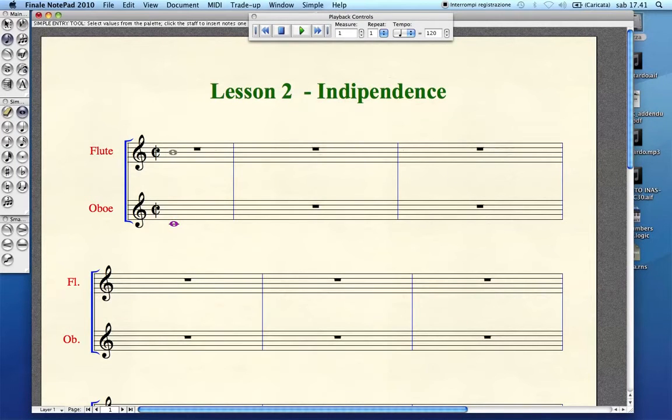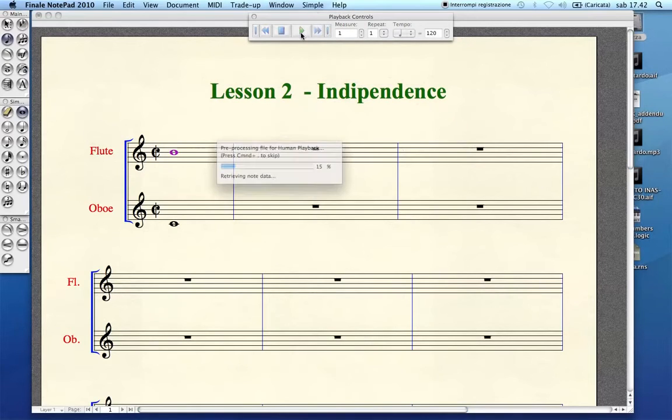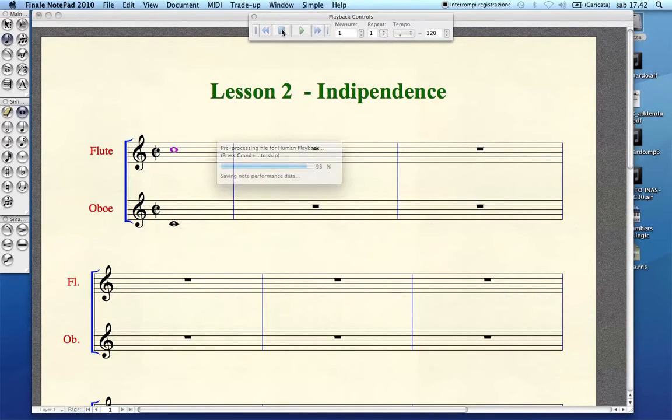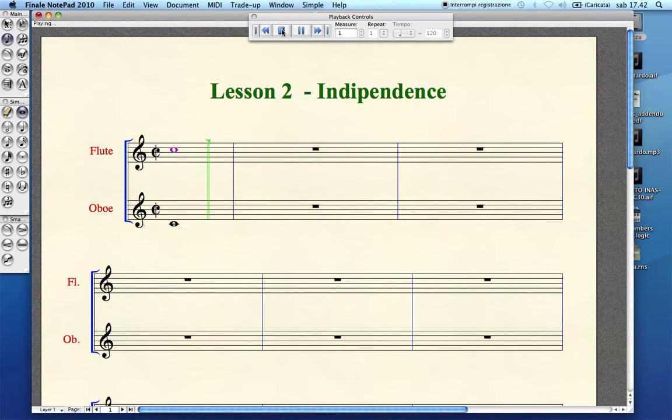We won't use the seventh, very dissonant. And we will use the octave, sorry.